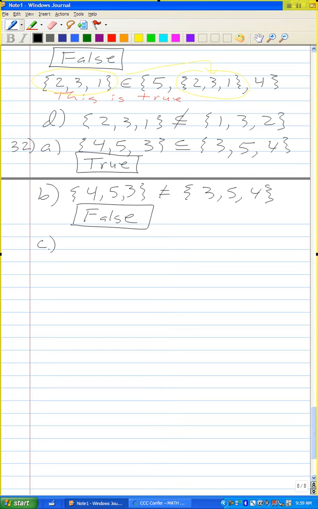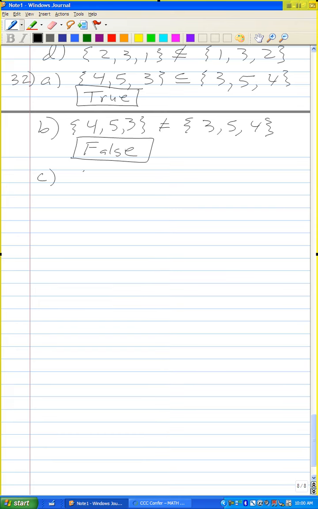C. Is {4, 5, 3} a member of the set {3, 5, 4}?